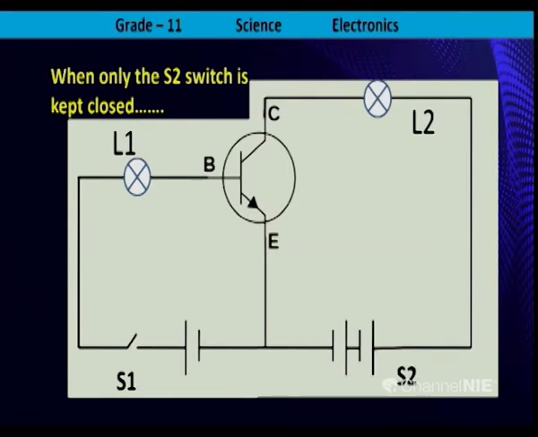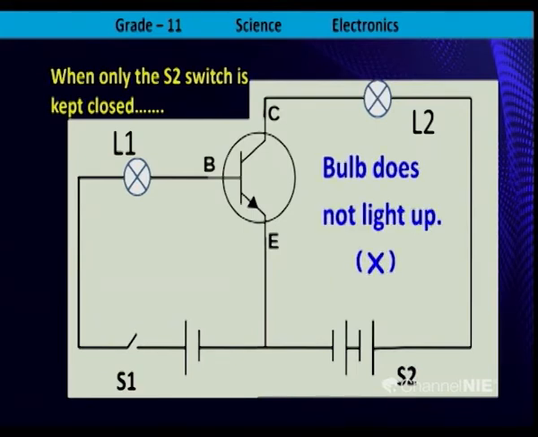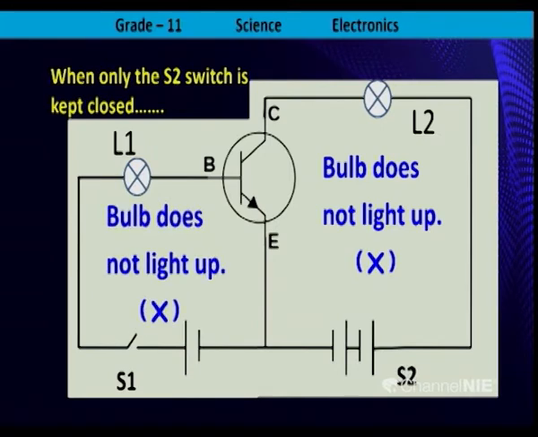Now, when only the S2 switch is kept closed and we keep the S1 switch open, what happened? Nothing happened. The L2 bulb does not light up. L1 bulb also does not light up.